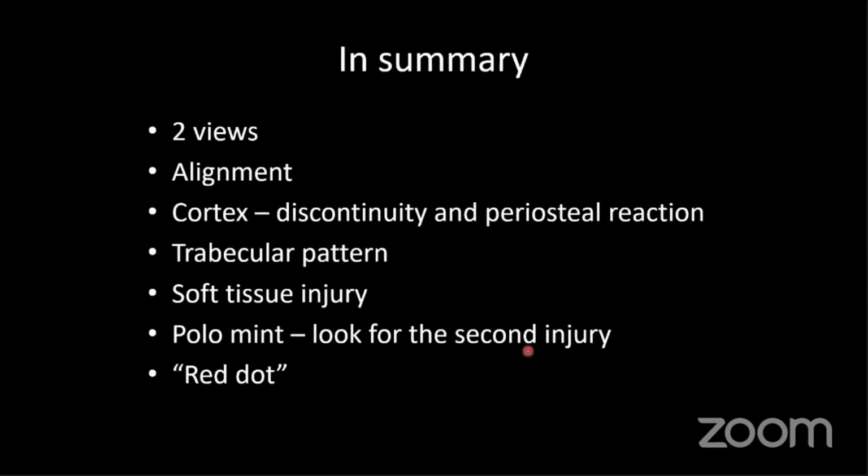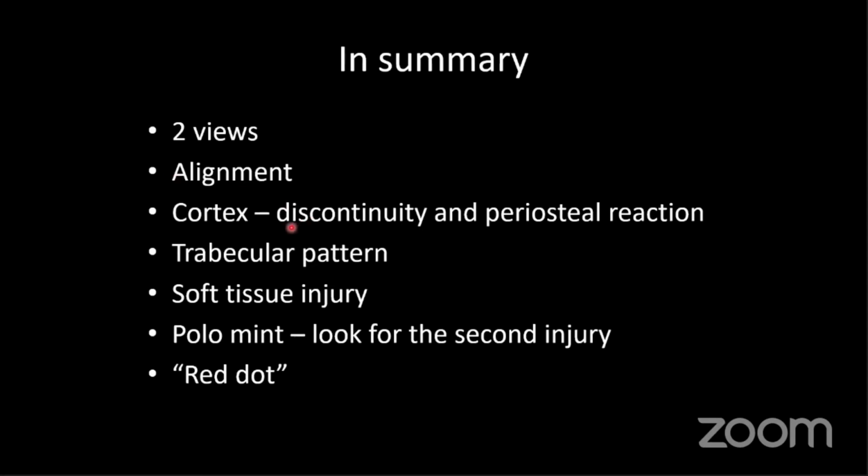Okay. So in summary, as I've said, everything needs at least two views to exclude a fracture. You want to look closely at the alignment. I've put up some examples, but just from looking at these, you'll eventually learn what the normal alignment should be. And then the next step in the systematic approach is to look at the cortex of every bone and follow it all the way around.